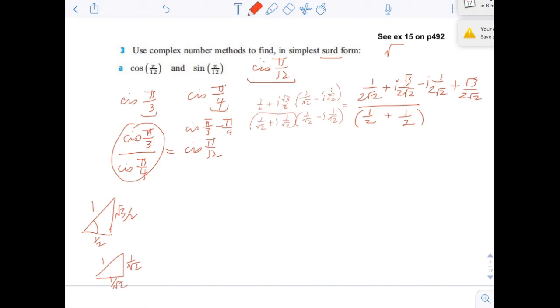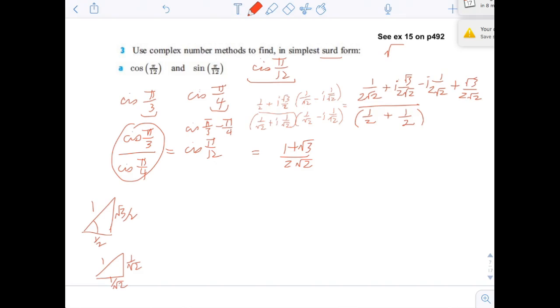So the bottom is just going to be 1, which is perfect because we don't need to divide by anything anymore. The top, how convenient that all the denominators are 2 square root of 2, right? So the real parts, I'm going to combine them. I'll get 1 plus square root of 3 over 2 square root of 2 for the real part.